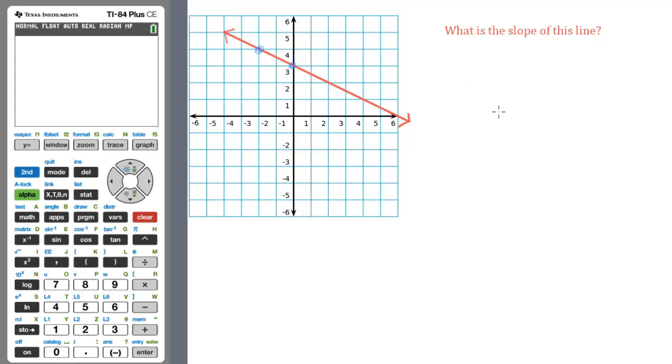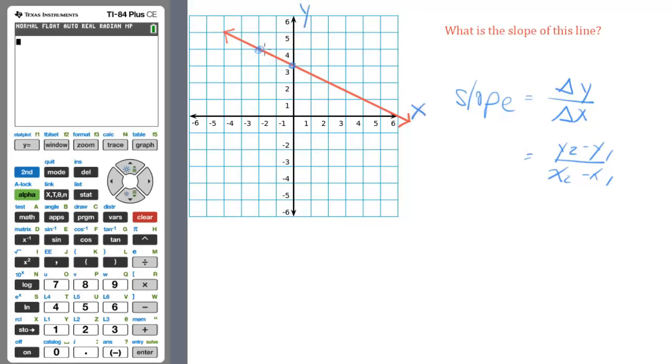So remember from our last question that we said slope is the change in y over the change in x. And sometimes we see that as y2 minus y1 over x2 minus x1. But we don't need to use that right now because we have a graph. Okay, so from this point to this point, this is the x-axis and this is the y-axis.